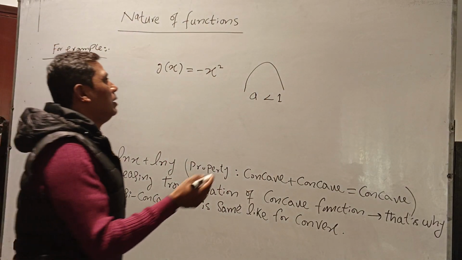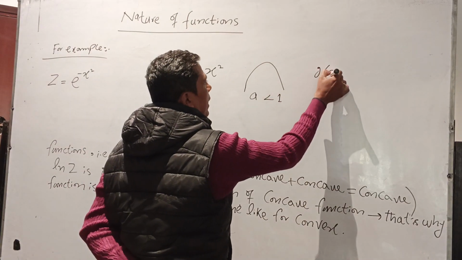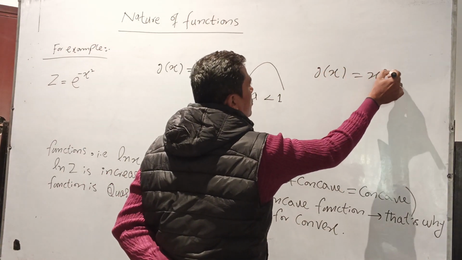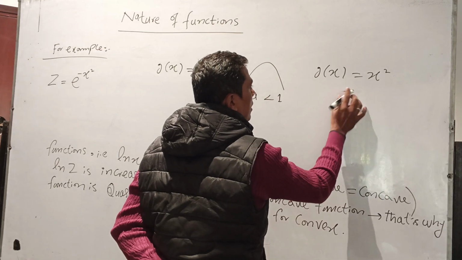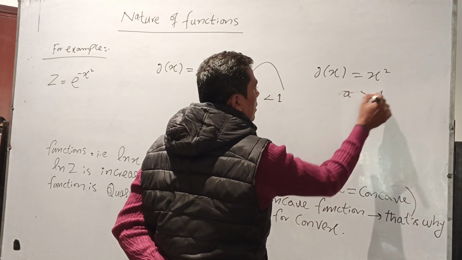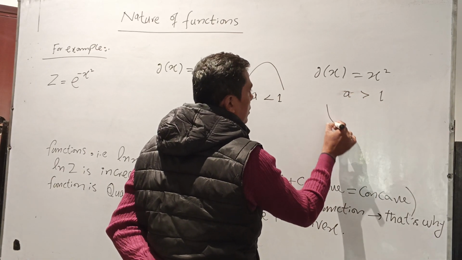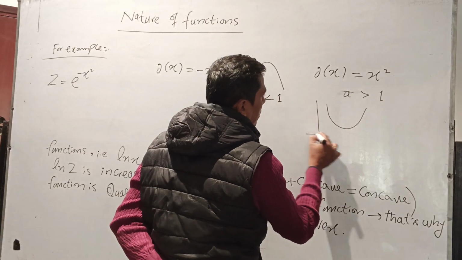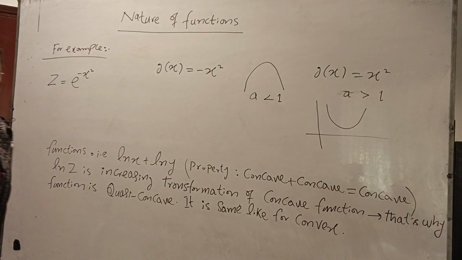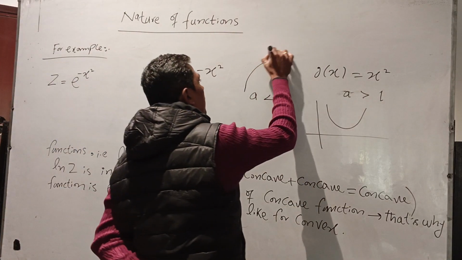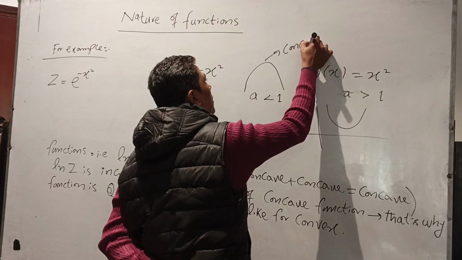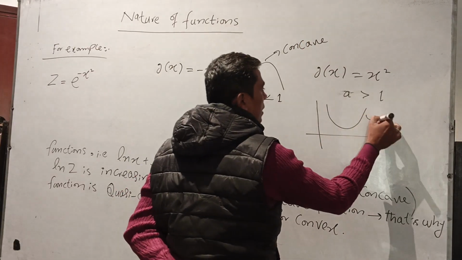And vice versa, if you have g of x is x square, a greater than 1, it will be open up. So this one is concave and this one is convex.